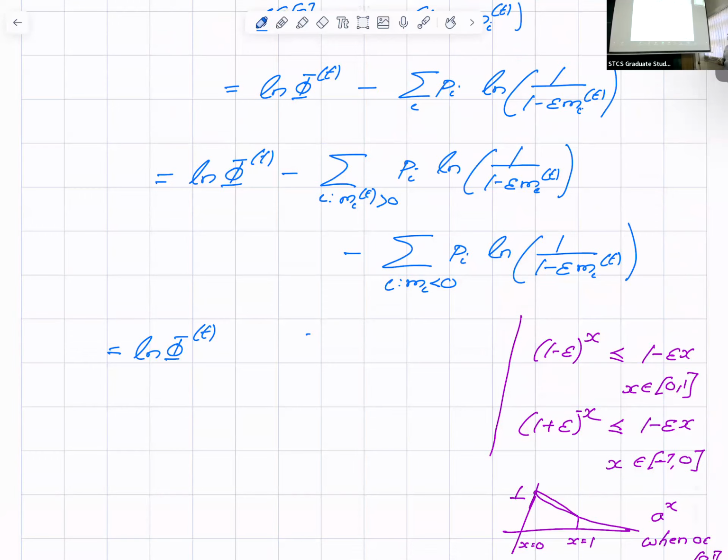In terms of these, do I want the inequality? What do I want? 1 minus epsilon x is greater than or equal to 1 minus that quantity. So I'm going to get minus summation ti. What am I going to get?